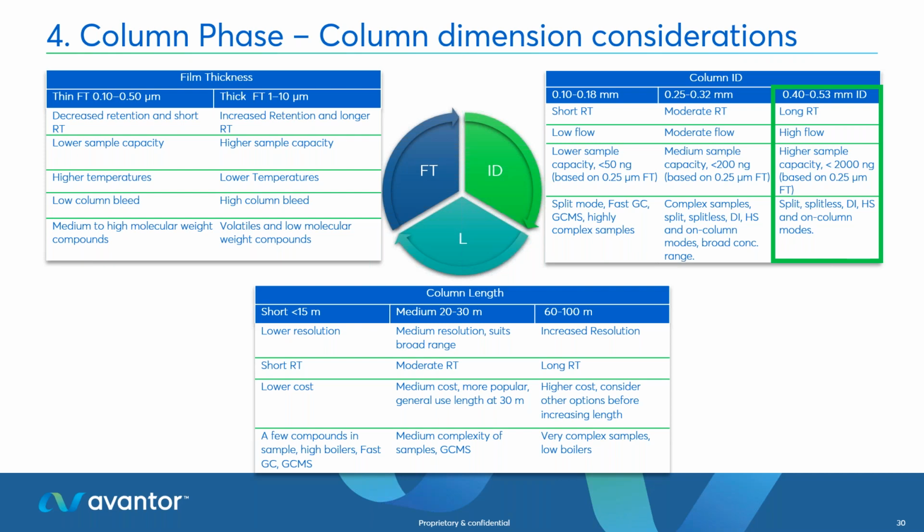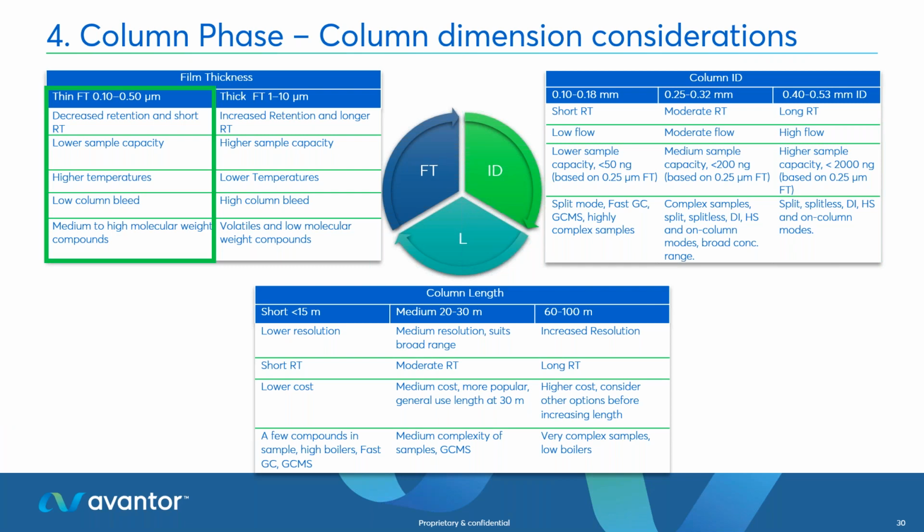And then when you look at the medium, more common IDs, so 0.25 to 0.32, again, more medium sample capacity, moderate flows. And then as you get smaller and smaller, a little bit more restrictions, lower capacity, but then these are more beneficial because then you have shorter retention time and you can use these with fast GC and GCMS.